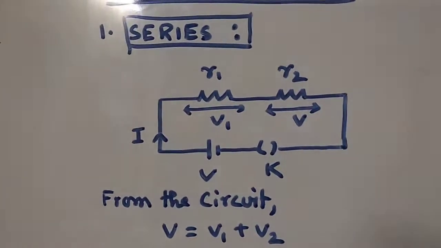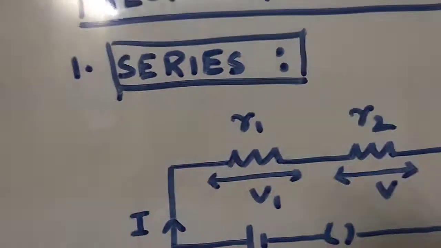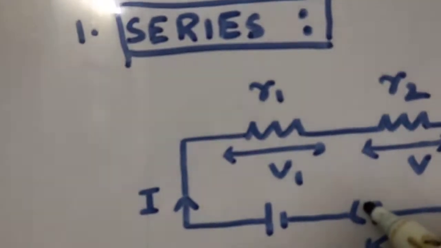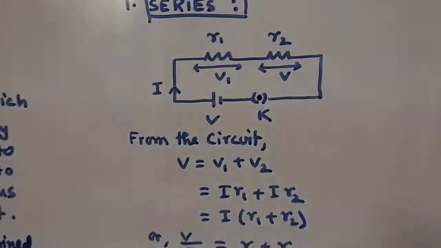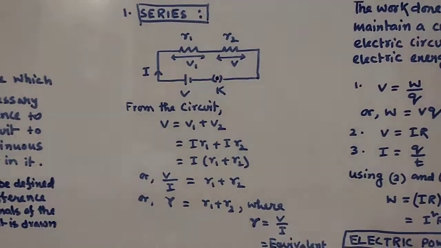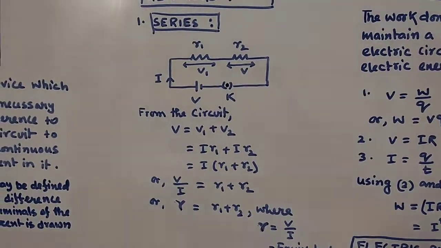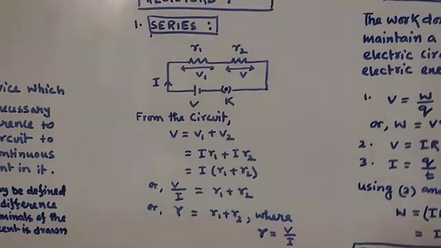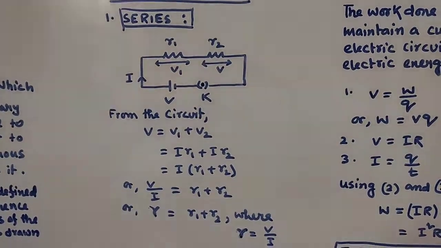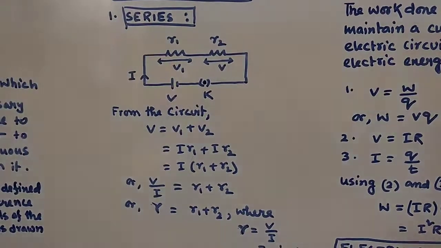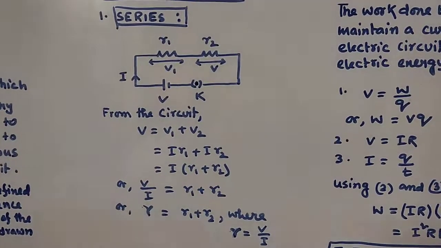So whenever you draw the circuit diagram, don't forget to give the dot. Dot basically symbolizes that the circuit is closed. Now V equal to V1 plus V2 as per the conservation. So V1 equal to I R1, because the same current is flowing in R1 and R2. V2 equal to I R2.